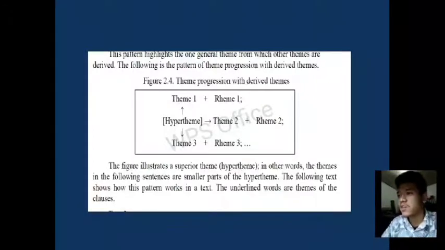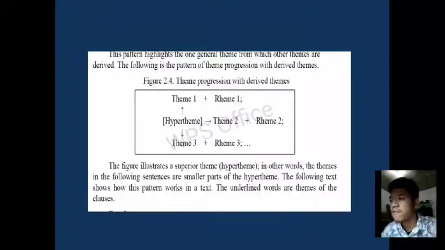This pattern shows the theme progression with derived themes. As you can see, the hyper theme can form theme 1, theme 2, and theme 3. In other words, the themes in the following sentences are smaller parts of the hyper theme.